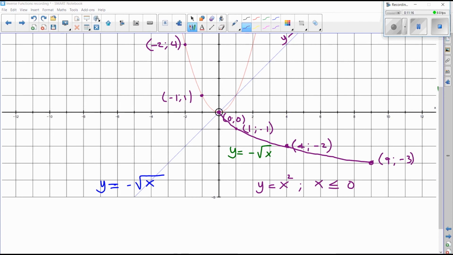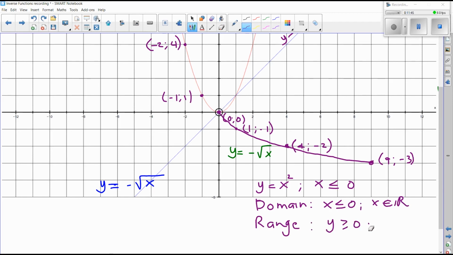We're now going to look at the domain and the range of the original graph, y equals x squared, or f of x equals x squared for x less than or equal to 0, as well as the inverse. So our domain, we have x is less than or equal to 0, and x is an element of real numbers. Our range, can you see that the y values are positive? So we got y is greater than or equal to 0, where y is an element of real numbers.